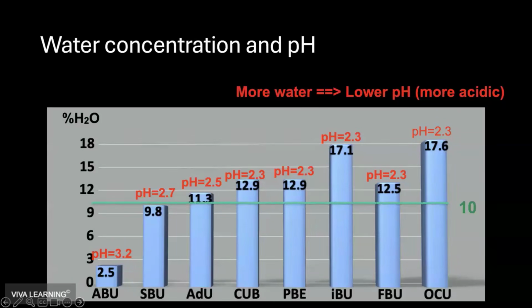These are different adhesives right here: All Bond Universal, Scotchbond, iBond U, OptiBond, all different. If you can see here, the blue lines are the water content and the red are the pH value. Out of all of these, the only one that has the lowest water content and the highest pH is All Bond Universal. What does that mean?